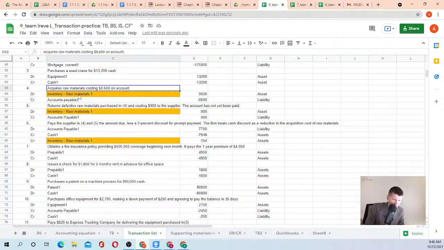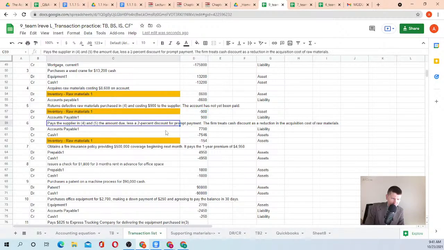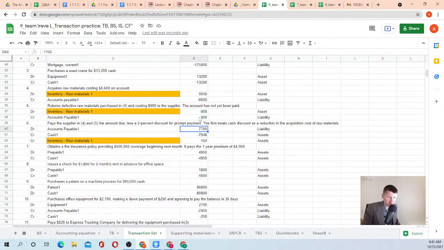Okay, so we got accounts payable, and we returned defective, that decreased our accounts payable. Then we settled the accounts payable, and I will again highlight, so that equals 0.